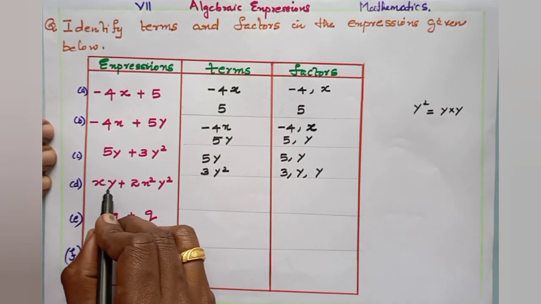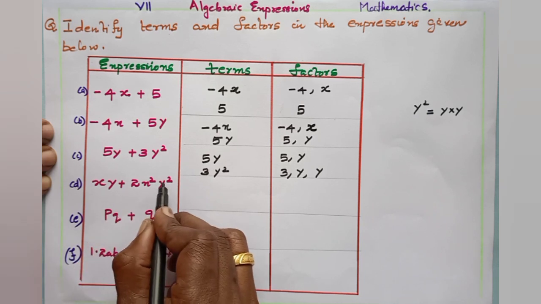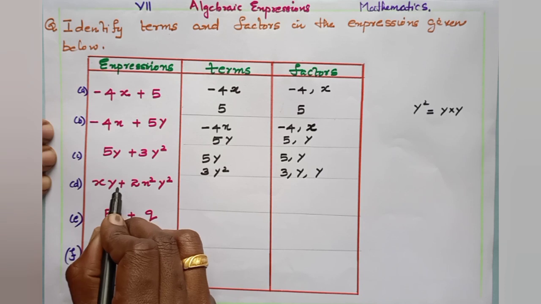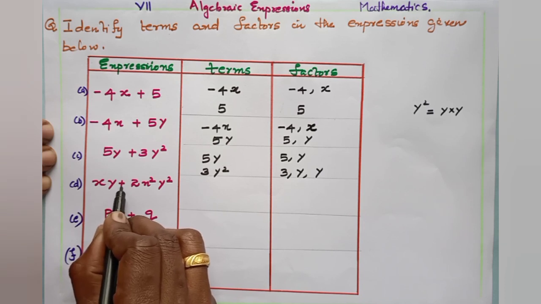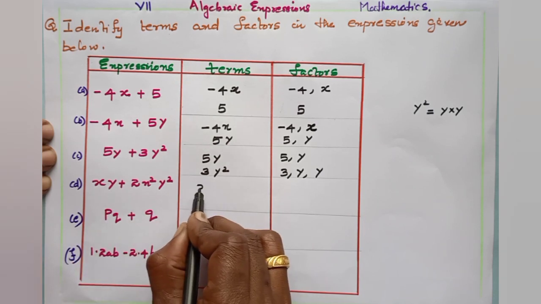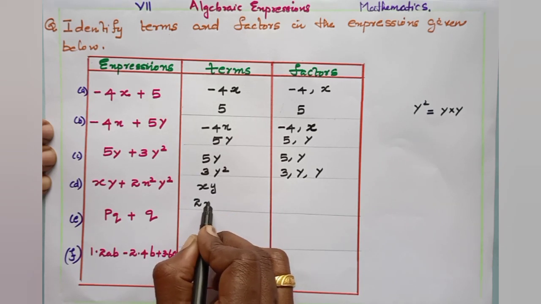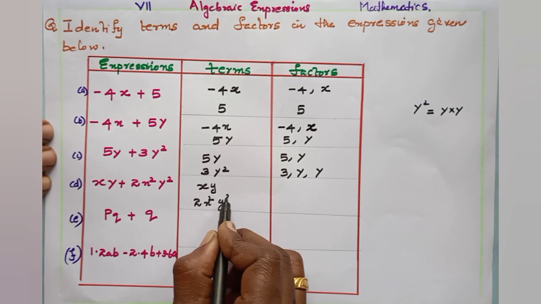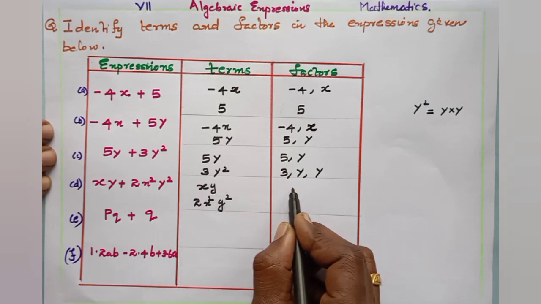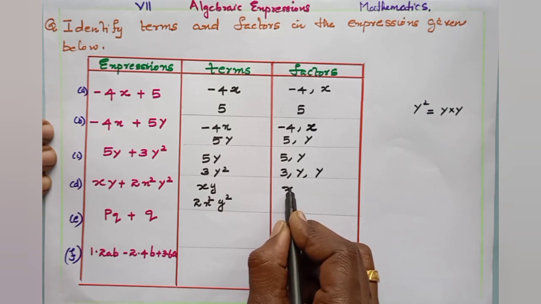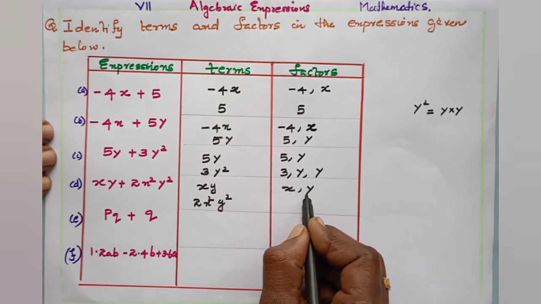Then the next question, xy plus 2x square y square. Here the plus separates the terms, so we get the first term xy. The second term is 2x square y square. The product of x and y is xy, so the factors are x comma y.